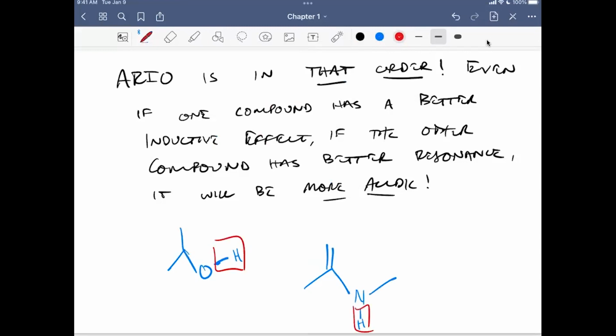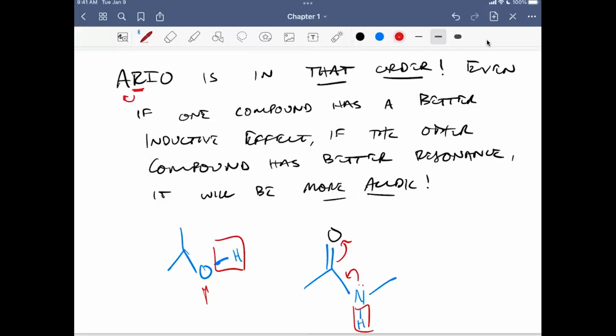Even though this nitrogen could resonate up here, let's say there was an oxygen, even though it could resonate, that R is lower than that A. So because oxygen is a bigger atom than nitrogen, that A overrules the R. So it goes in that order. So you really want to look at the atom size before anything else.